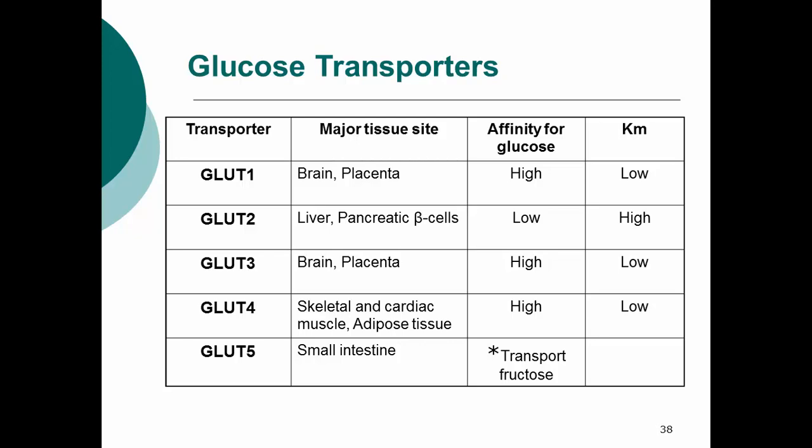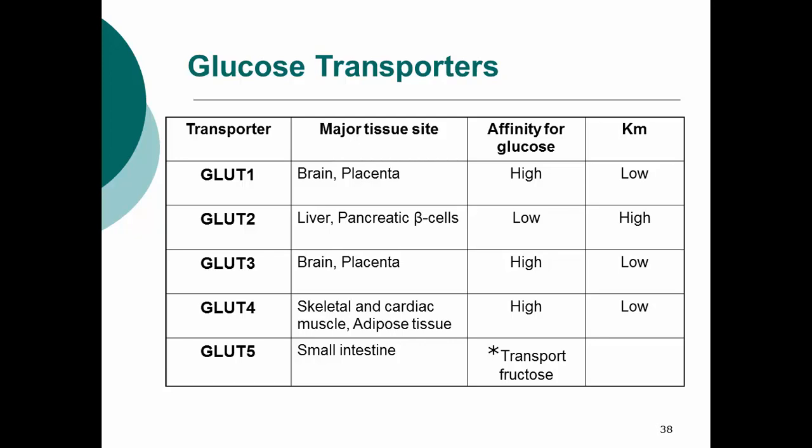And GLUT2 is mainly in the liver and pancreas, beta cells, and GLUT4 in the skeletal muscle, cardiac muscle, and adipose tissue. So GLUT2 basically is glucose dependent, right? Remember, and GLUT4 is insulin dependent, and GLUT5 basically is in the small intestine and usually transports fructose, right?